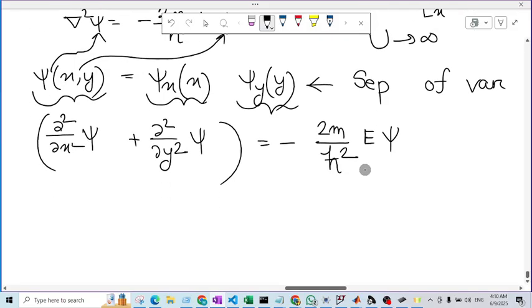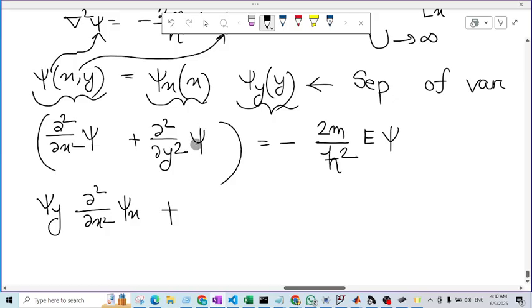Now I have to differentiate psi with respect to x, but as only psi x is a function of x, we can differentiate only psi x, and psi y will be written as it is here.